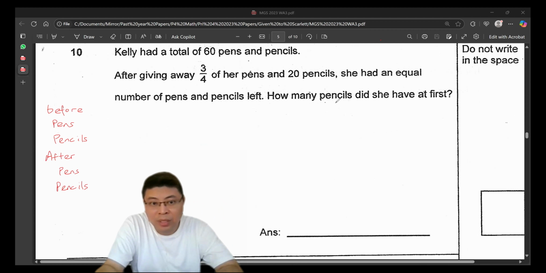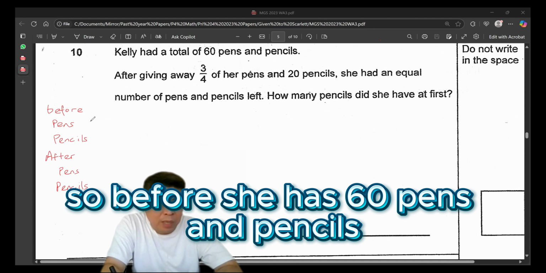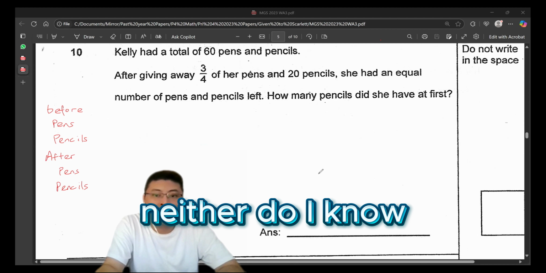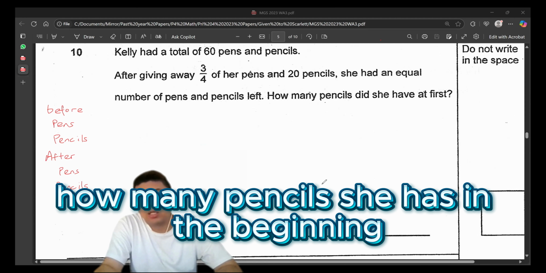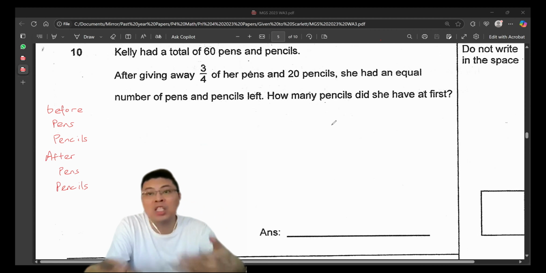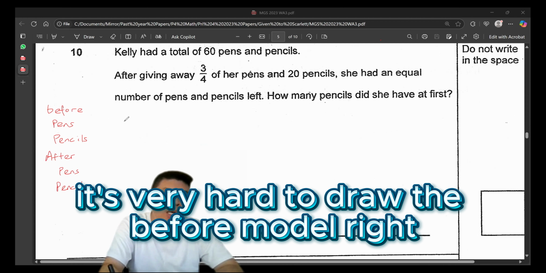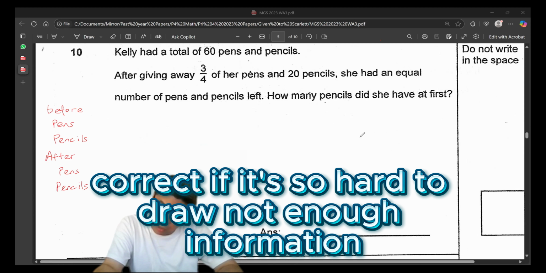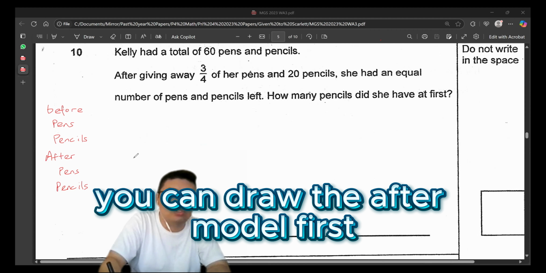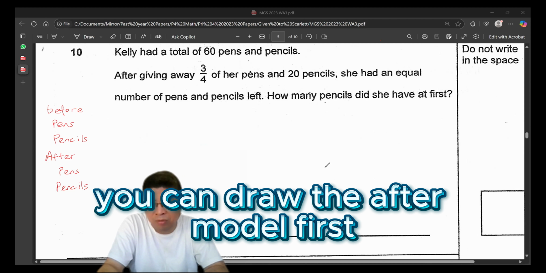Before she has 60 pens and pencils, I don't know how many pens she has in the beginning. Neither do I know how many pencils she has in the beginning. So since originally I got not much information, it's very hard to draw the before model, right? If it's so hard to draw, not enough information, then don't draw yet. It's okay. You can draw the after model first.